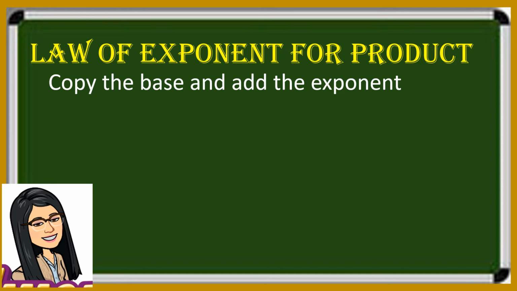Let us take a look at example number 3. 3 raised to 1/4 times 3 raised to 1/2. This is our given. Again, let us copy the base 3. Then, our LCD is 4. So 4 divided by 4 is 1 times 1 is 1.